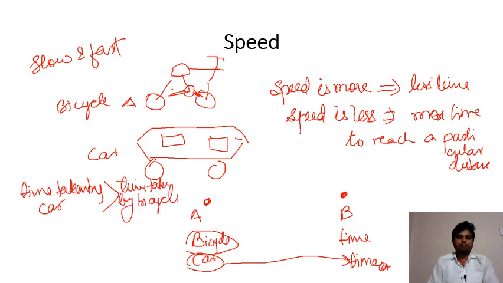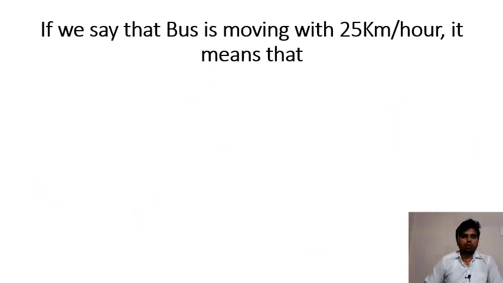So this is the simple concept of speed, that any object which is moving faster will travel in less interval of time, and any object which is moving slower will reach the position in more time. Okay, so now we will discuss one more example. If we say that a bus is moving with 25 km/h, it means what?